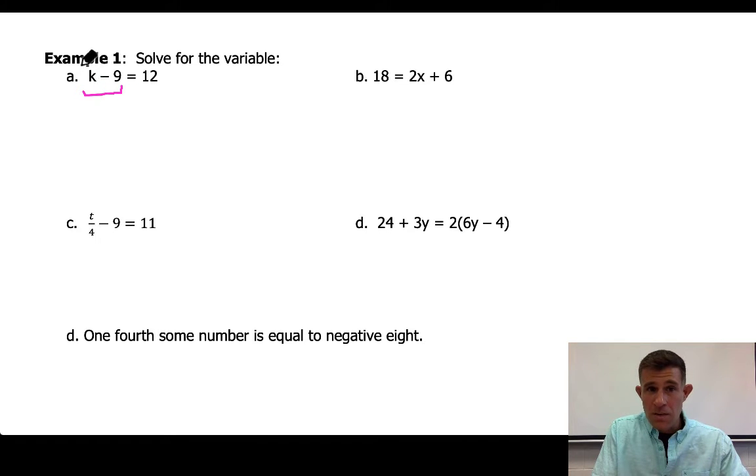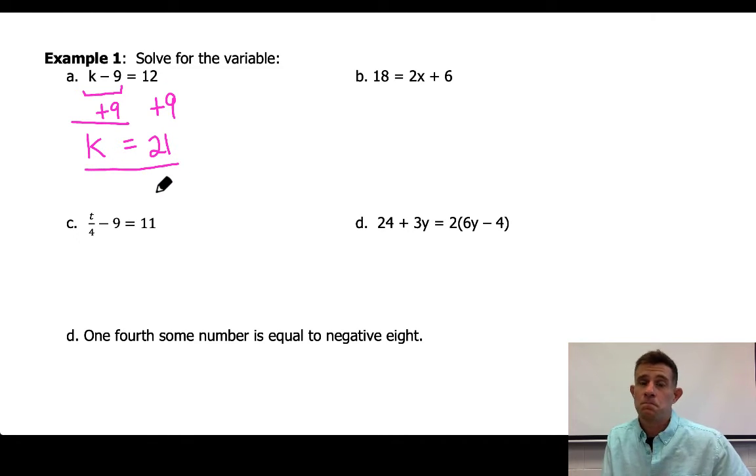So what I want to do to get k by itself, to get that amount k alone, is I want to add 9 to it. So if I have k minus 9 plus 9, that additive inverse is going to bring k by itself. Now, what I do to one side of the equal sign, remember, I have to do to the other side in order to keep these two sides balanced. So 12 plus that 9 is going to give me a result of 21. And therefore, the value of k is 21.